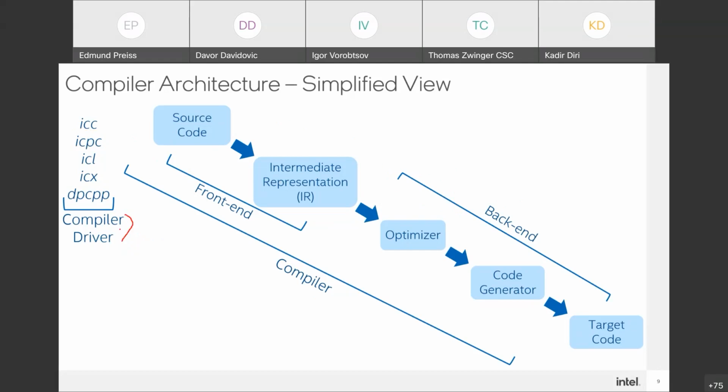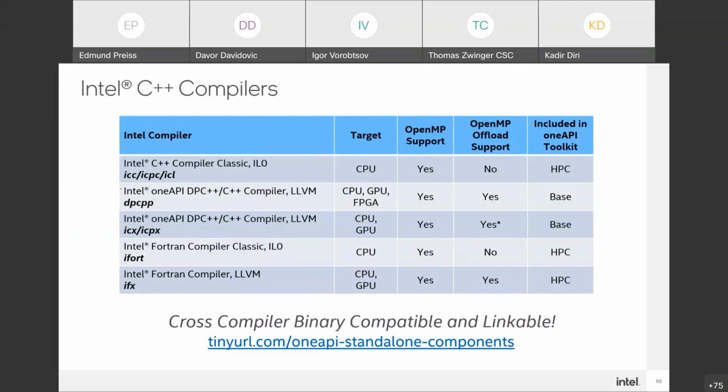That's what I wanted to highlight, because nowadays we have a diverse set of different compiler drivers, and you shouldn't be confused by that. On this slide, I'm showing this diversification. As I told earlier, we have compilers based on our proprietary IL0 technology.